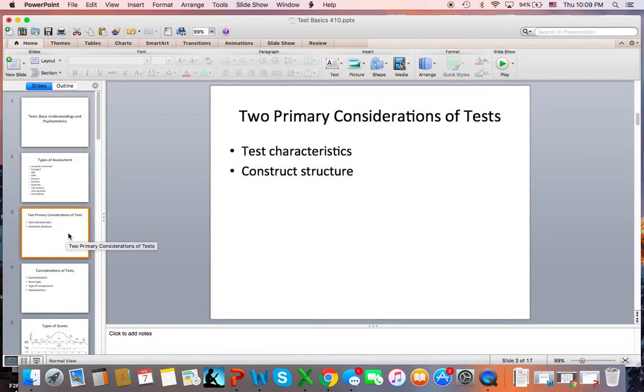There are two primary considerations of tests that we have to be cognizant of. One, the test characteristics, namely norms, score types, psychometrics, and the structure of the construct that we're measuring. The theoretical orientation you take to whatever you're trying to measure is going to influence how you measure it. Use reading as a prime example.